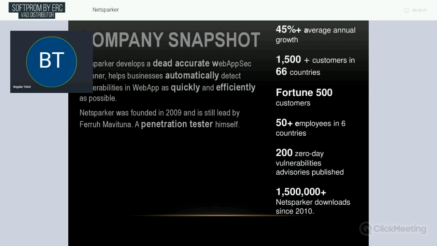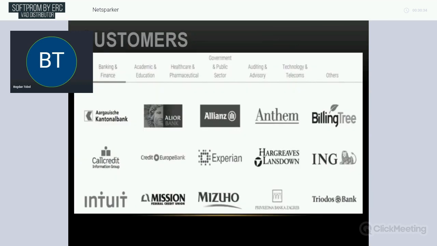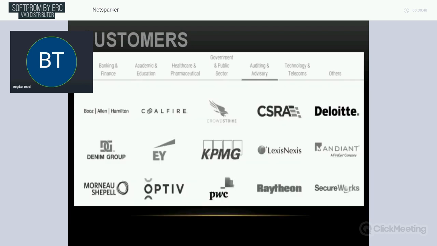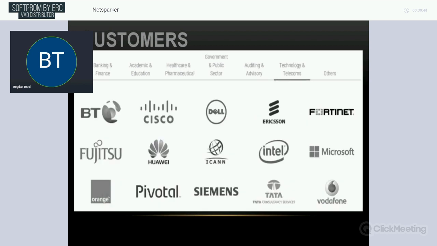We have about 60 employees in 6 countries, and Netsparker is the most popular product by number of downloads on the public internet. Our customers' focus areas are, first, financial and banking, second, auditing and advisory, and third, technology and telecommunications companies.